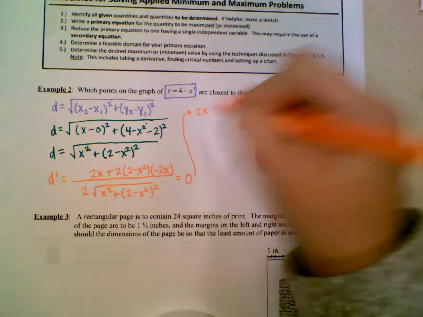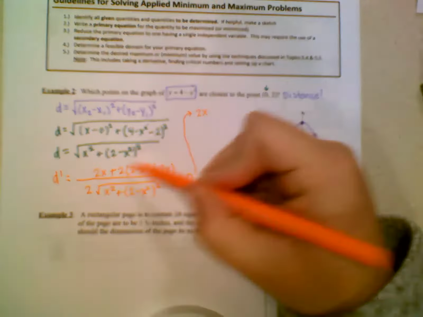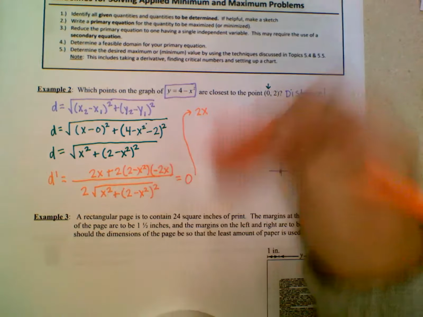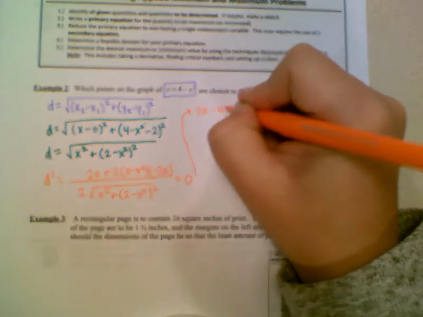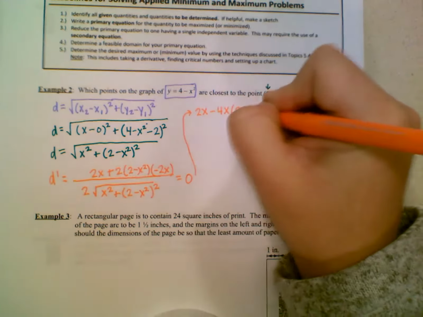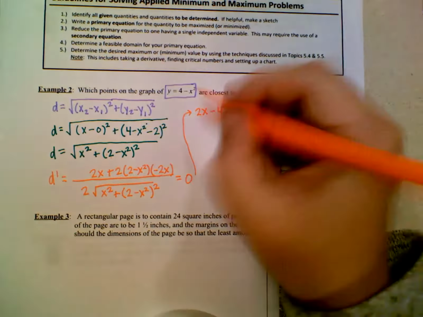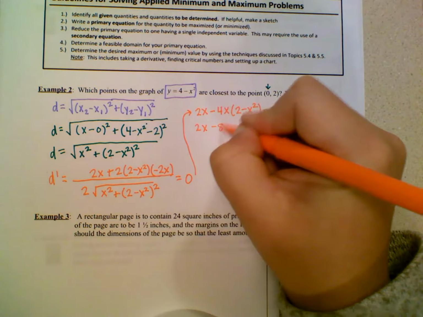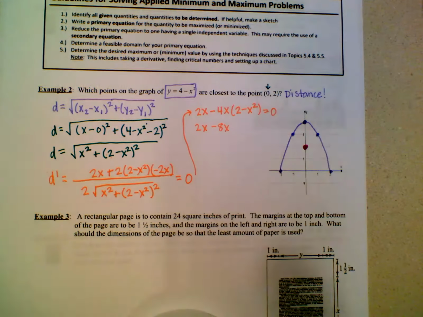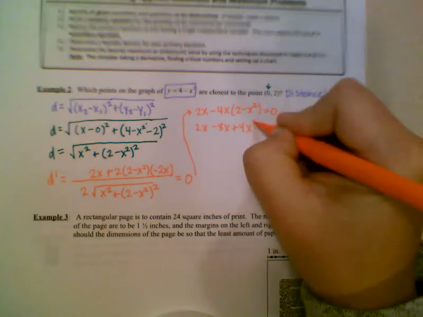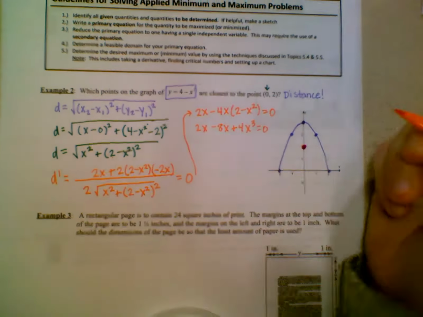So 2x, then I'm going to go ahead and multiply these two together, make it a little bit easier. So minus 4x, 2 minus x squared. Where is that equal to 0? So continuing to solve, continuing to distribute, we would have minus 8x, and then plus 4x cubed equals 0.